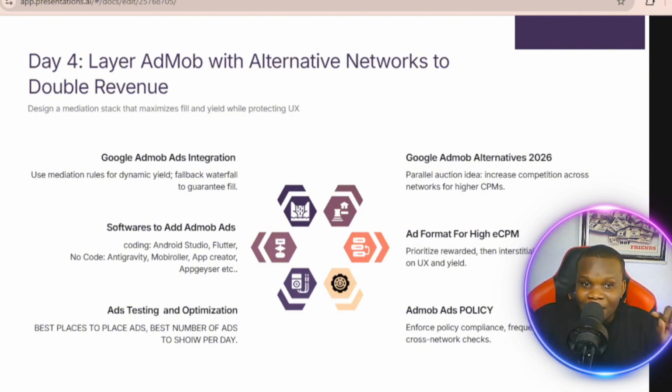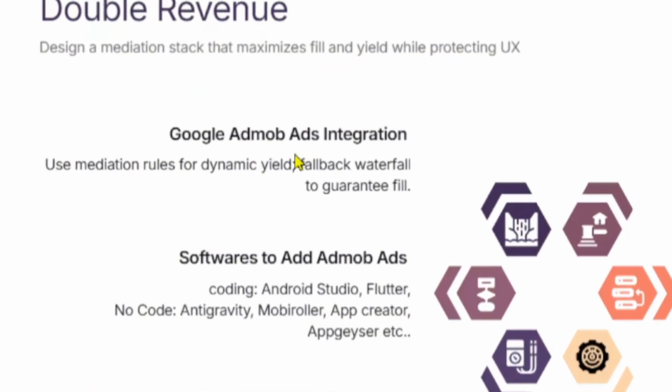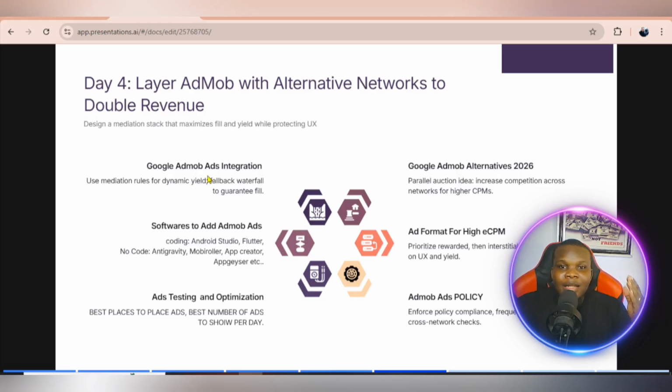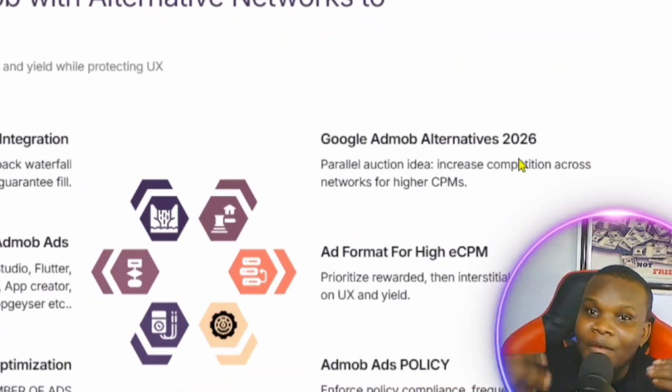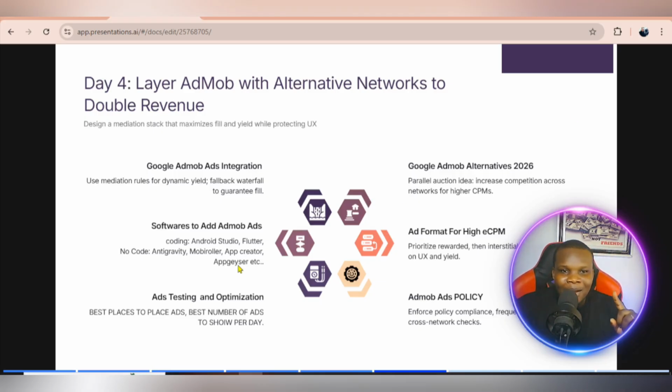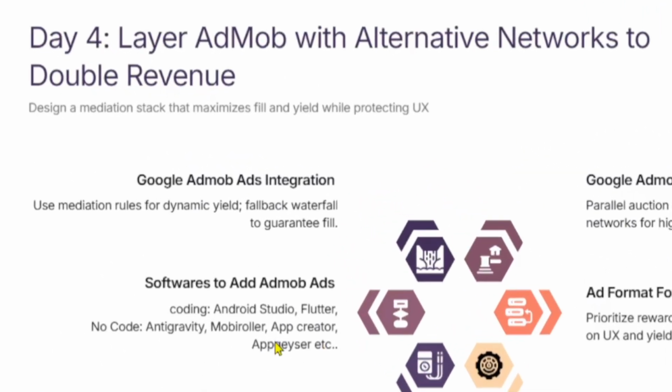The first step is to discover how to integrate Google AdMob ads the best way, and the best strategy for it, so that you will keep your account safer. The second step is the Google AdMob alternative for 2026, 2027 and beyond. The third step, I'm going to show you the software you can use to integrate your own Google AdMob ads to show ads on your app.